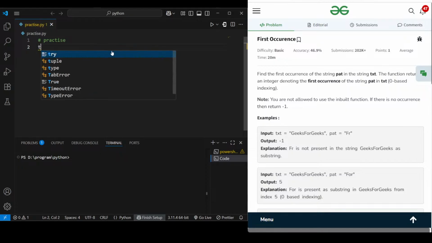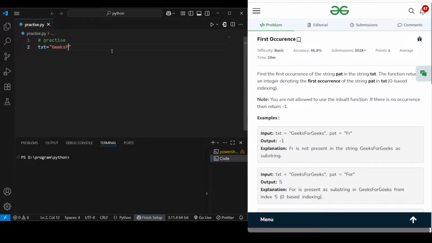Now let's give some text here. txt equal to gigs for gigs.